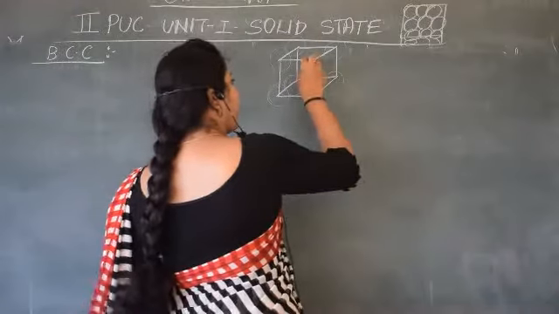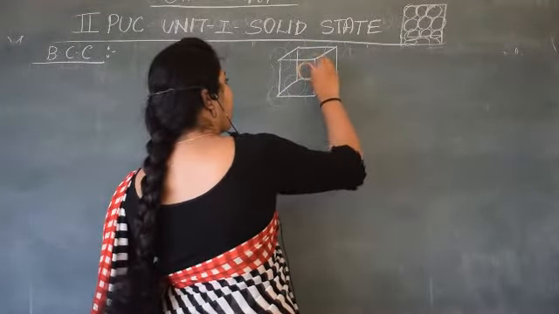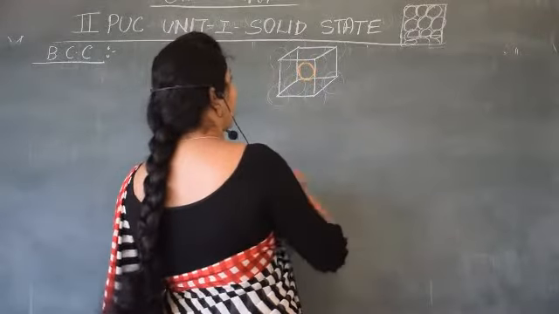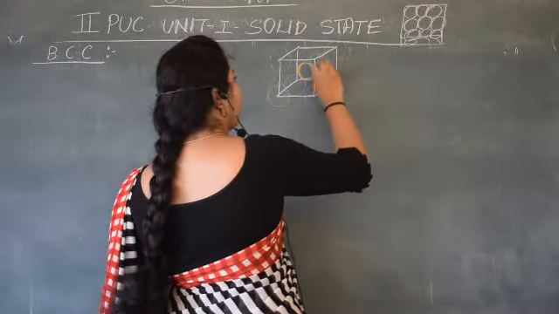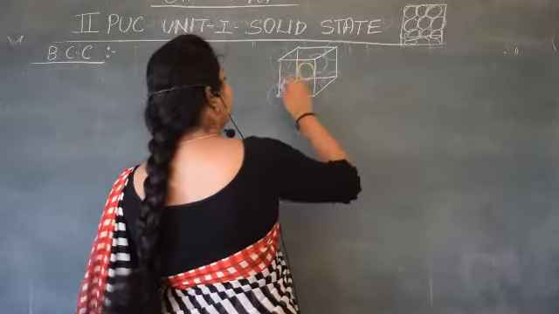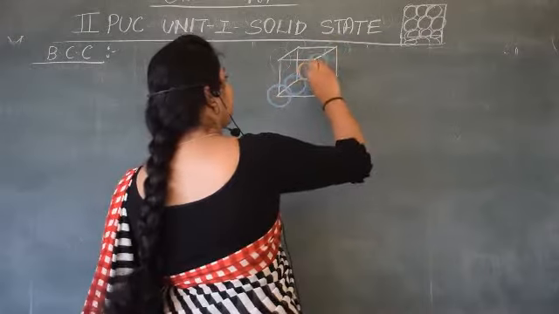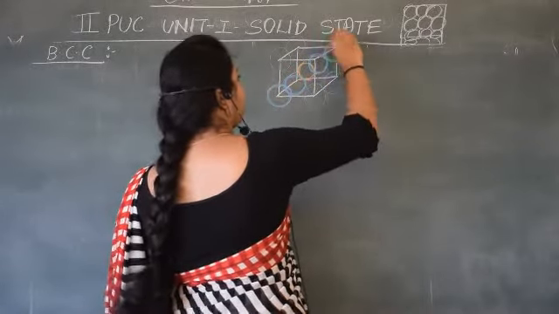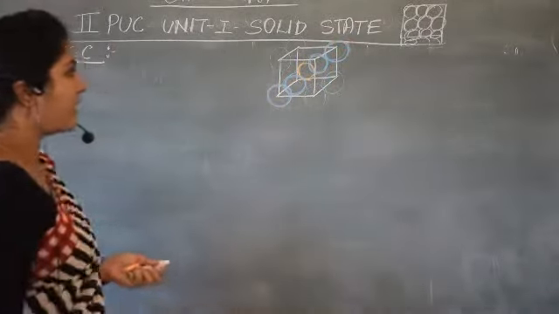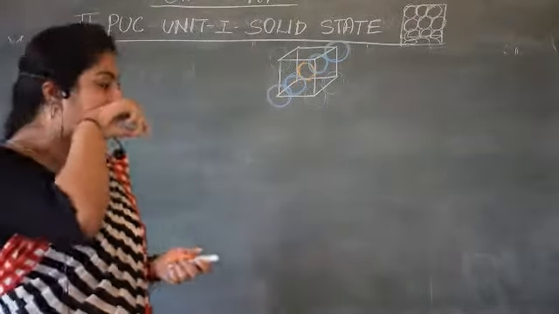Most important thing is a particle present at the center of the body which is touching the other spheres also here. Okay, so this is body centered cubic arrangement.